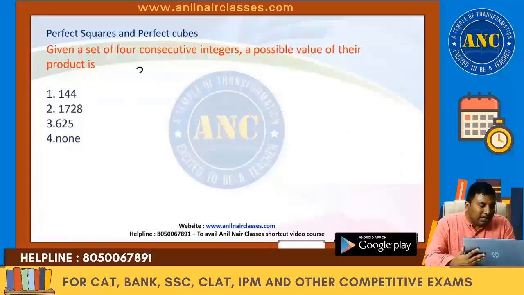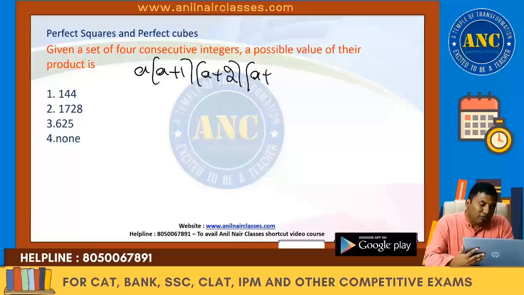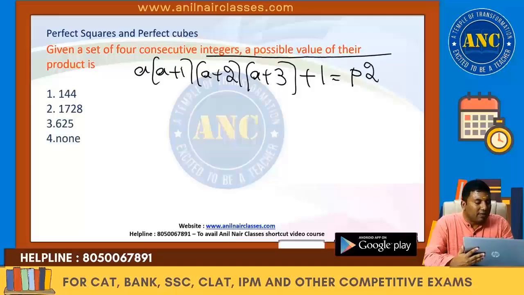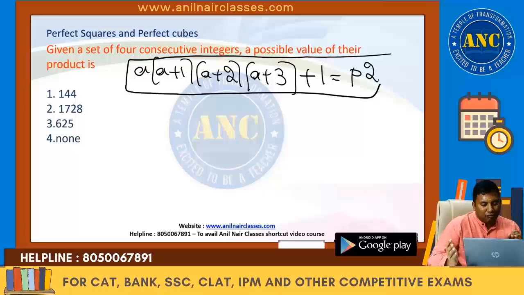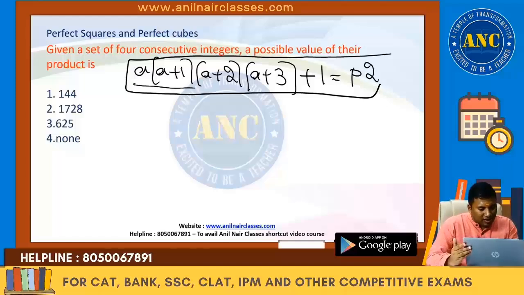Now, what is the idea that we just discussed? The product of 4 consecutive positive integers, if I add 1 to it, I will get a perfect square. This is the idea. Now see, given a set of 4 consecutive integers, a possible value of their product is given.